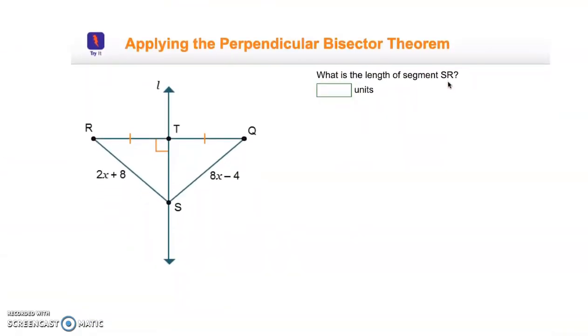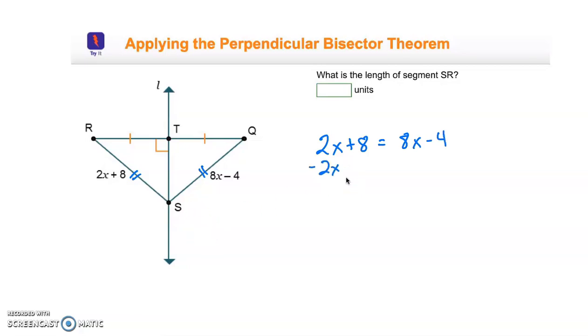So now we want to apply the perpendicular bisector theorem. And the way we do this is, what is the length of segment SR? So we have SR right here, and we have SQ. Well, we know those are equal. So to solve, we're going to set 2x plus 8 equal to 8x minus 4, and we solve for x.